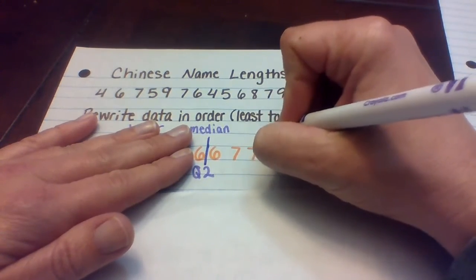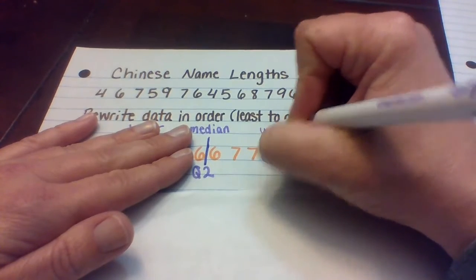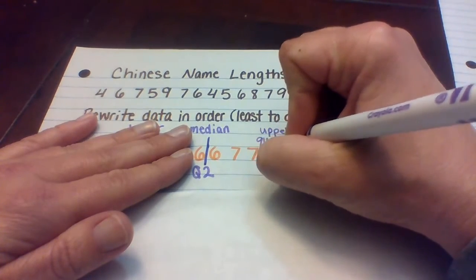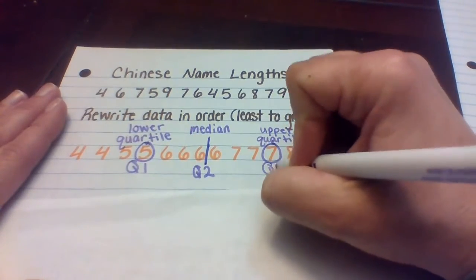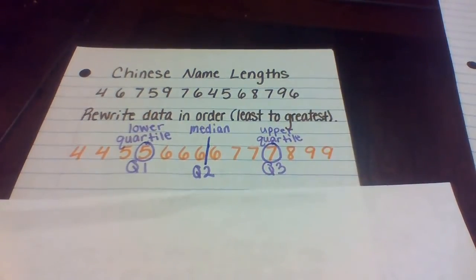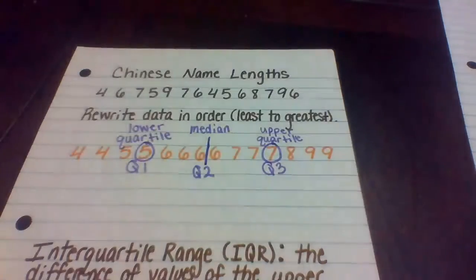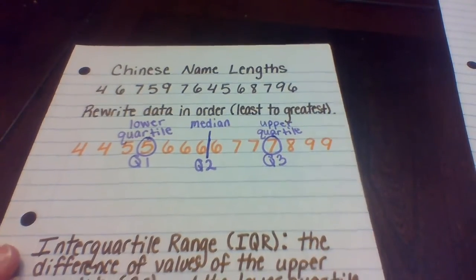This is going to be my upper quartile, which will be known as Q3. Okay, so now after we've done all of this, it's going to have everything set up for us to find our interquartile range. So let's take a look at what that is.